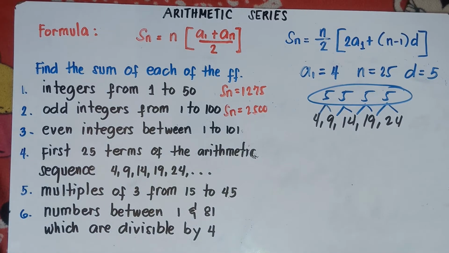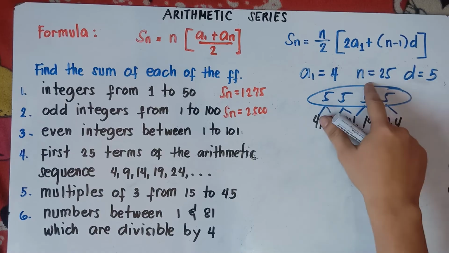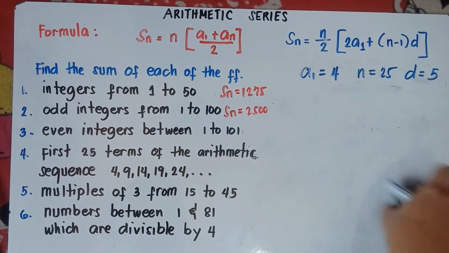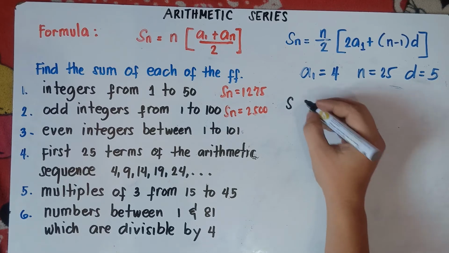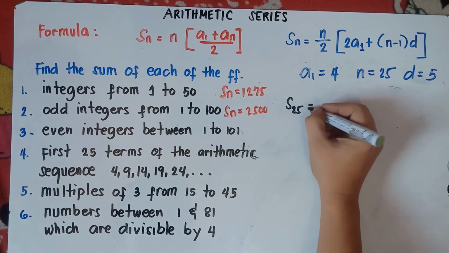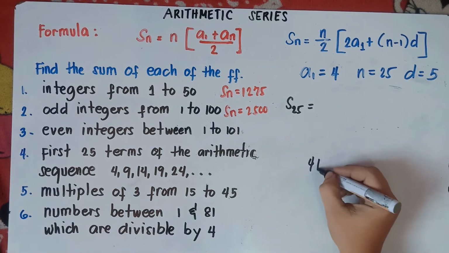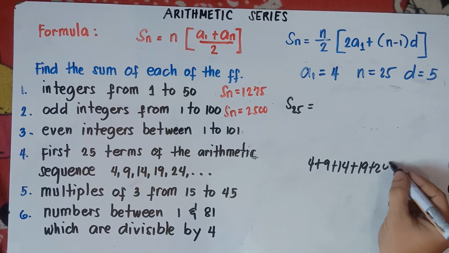Alright, so we can use the second formula. We have n, we have the first term, and we have d. So this will be S sub n, or S sub 25, since we're looking for the sum of 25 terms. So this will be 4 plus 9 plus 14 plus 19 plus 24, and so on.